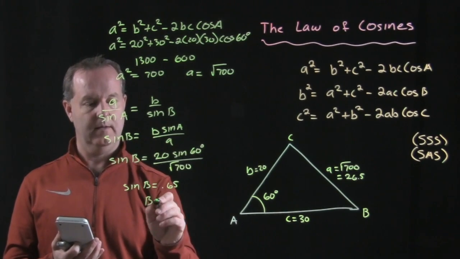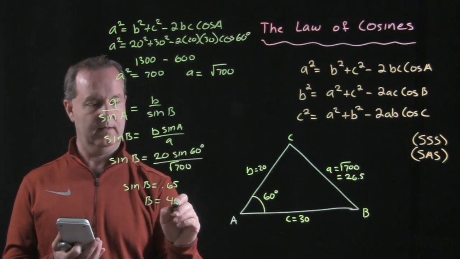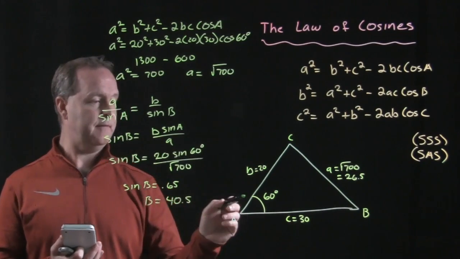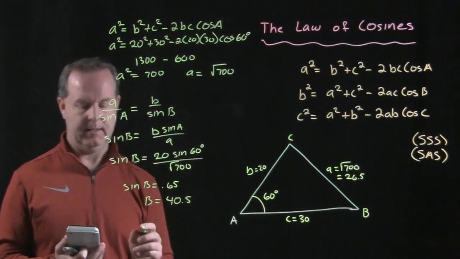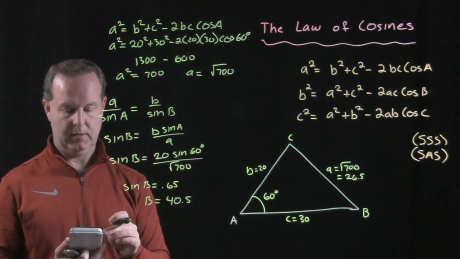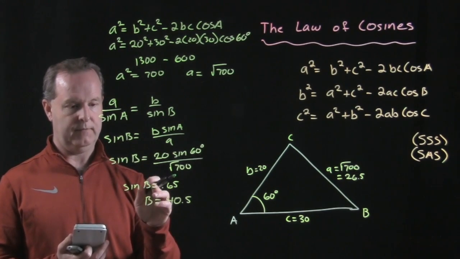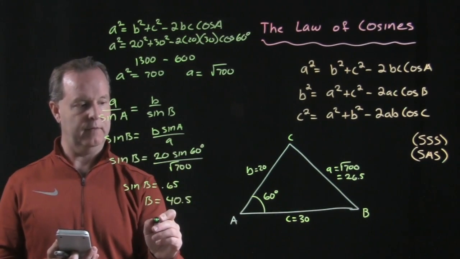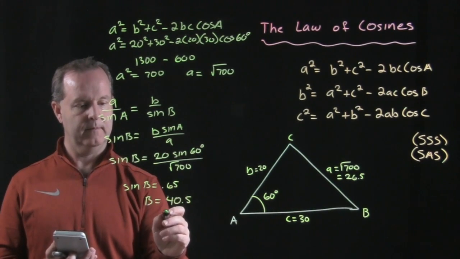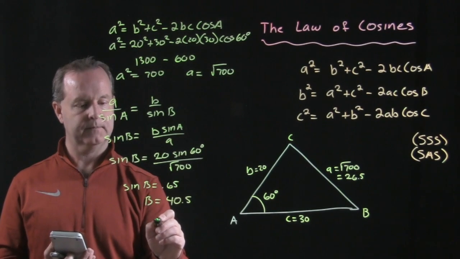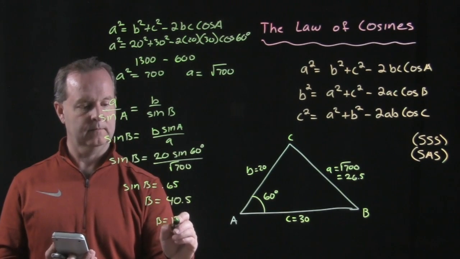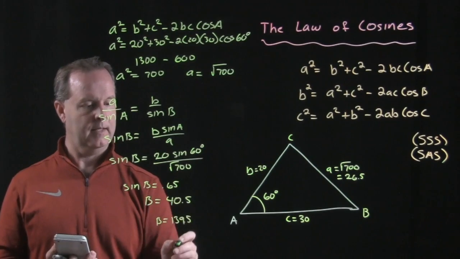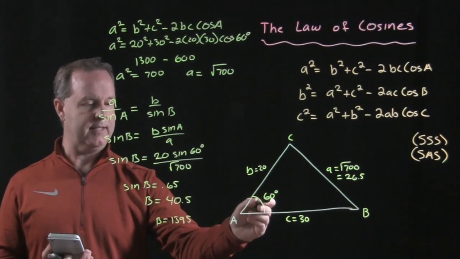So B equals 40.5. And the other one, with 0.65, 40 degrees, 180 minus that is 140 degrees, 139. Cannot use that one because I already have a 60 degree angle there.